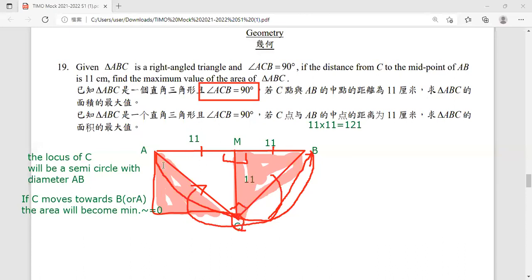Because ACB is fixed at 90 degrees, you can move C. If you move C towards the point A or B, yes, you can use coordinates. But you will find the triangle's area becomes smaller and smaller, and it almost becomes zero.